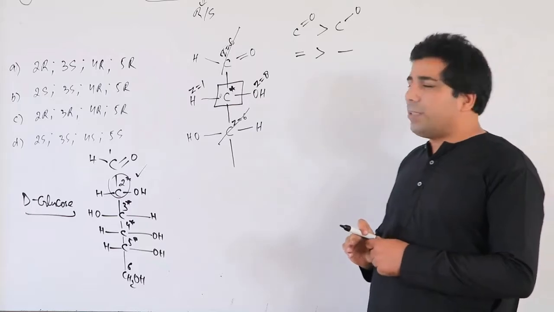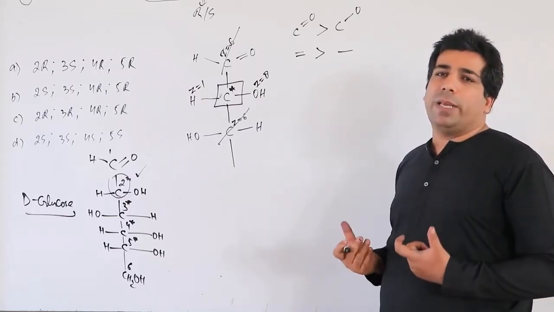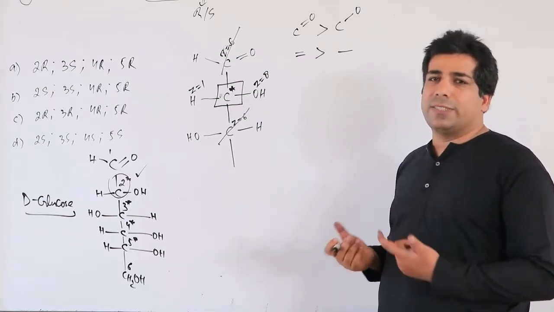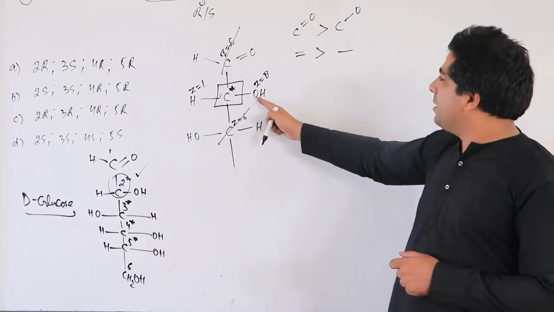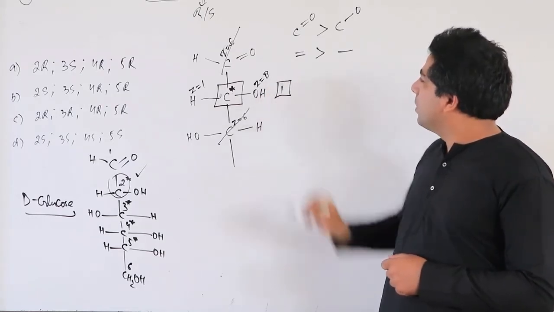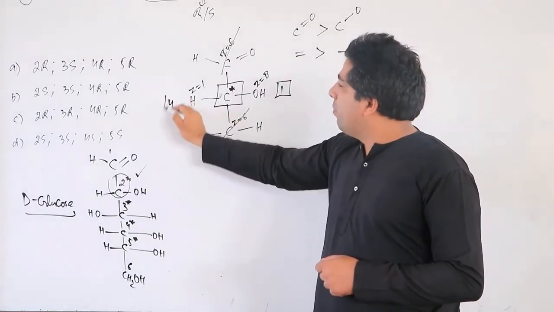So on the basis of this I can decide now what will be the priority numbering from 1 to 4. 1 is for the highest, and that highest is here, which group? OH. So it will get number 1. And this is the least atomic number, so it will get number 4.